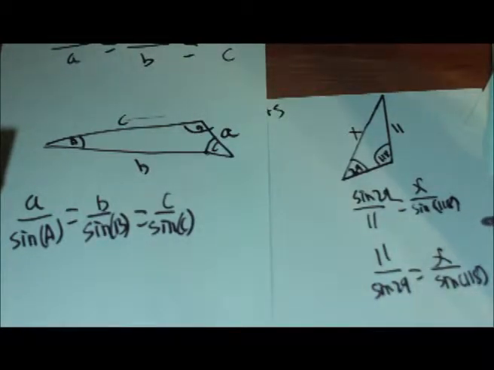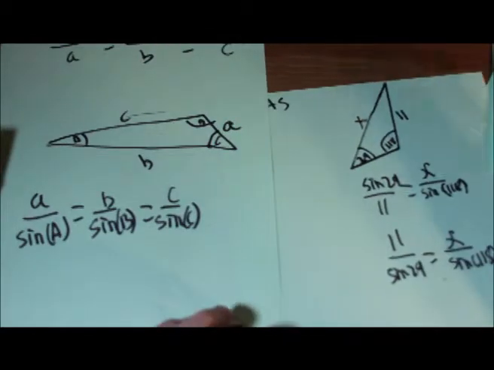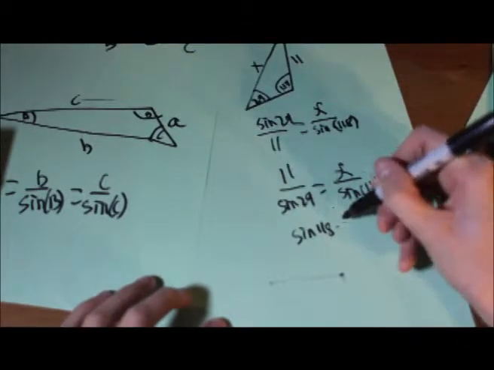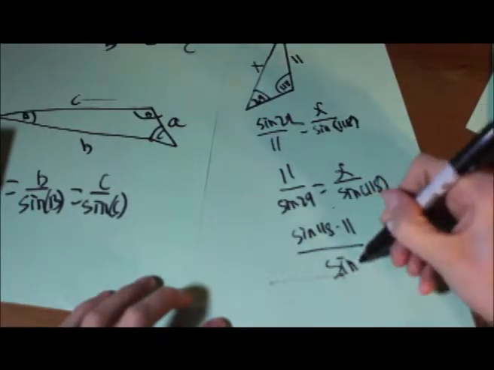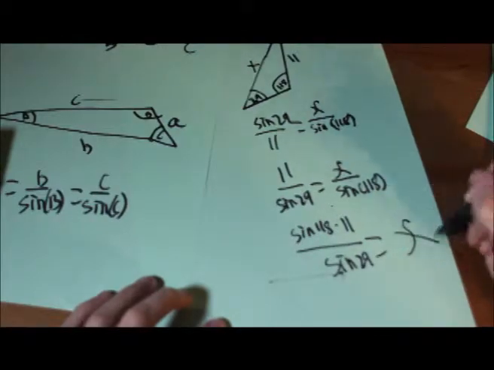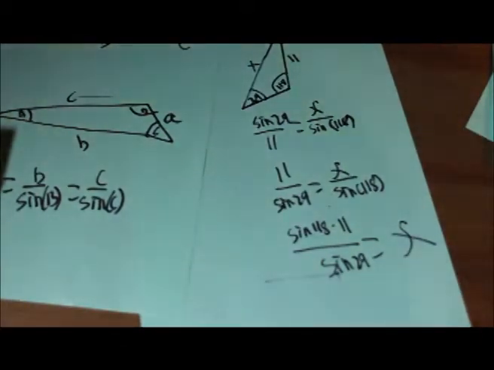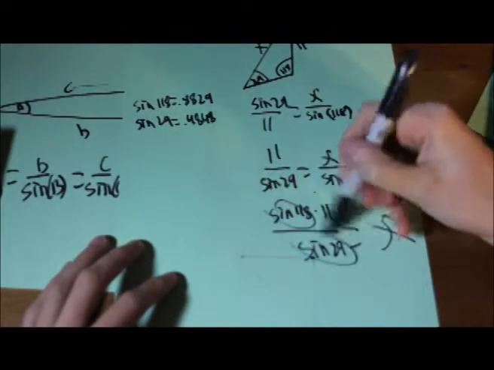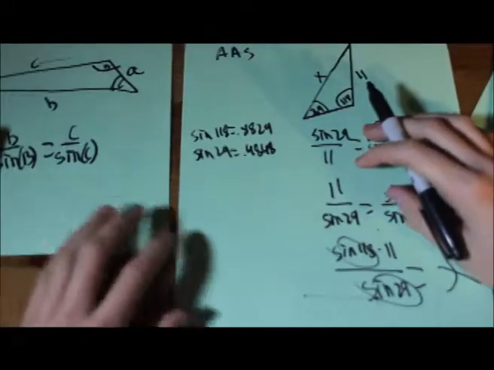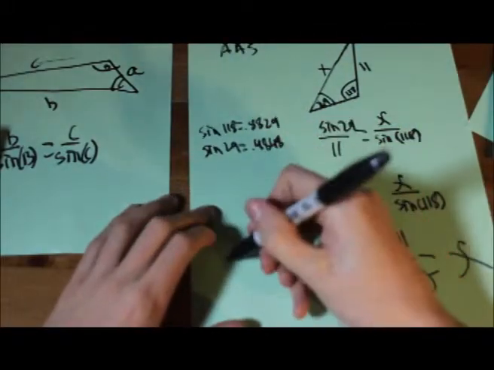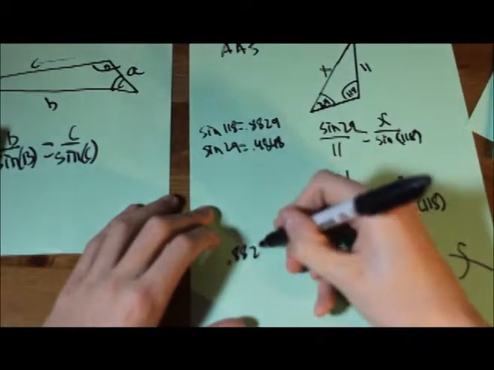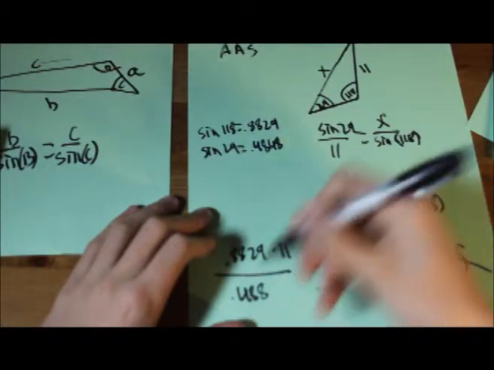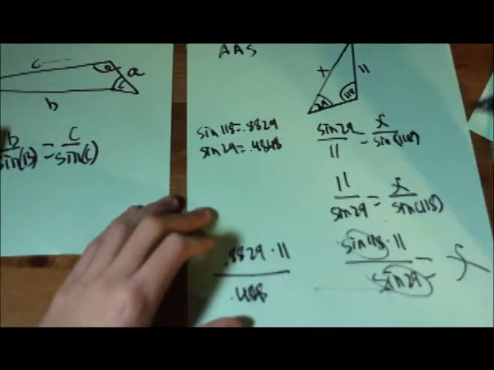And for this, you just multiply sine 118 times 11, and you have sine 29, and then look, you have x all by itself. So to calculate this problem, we're going to have to find out what sine 118 and sine 29 is. So you just plug it into your calculator, and you're going to get 0.8829, and then times 11 over 0.4848.